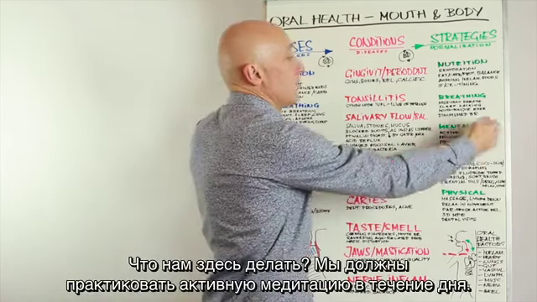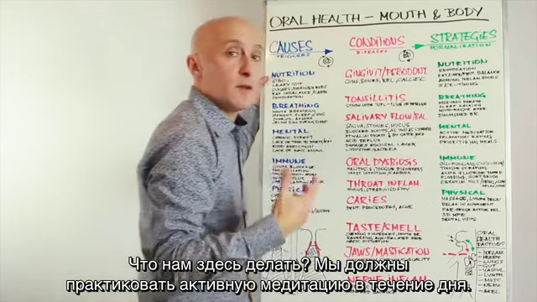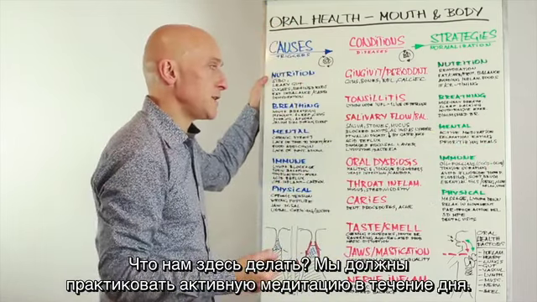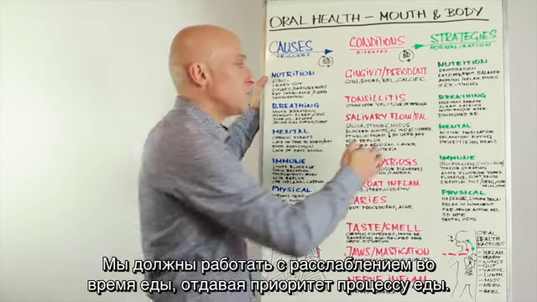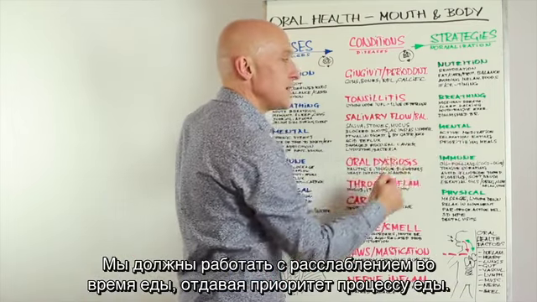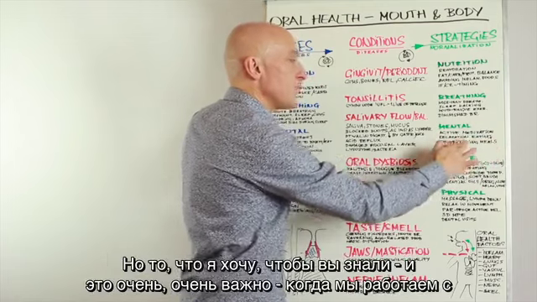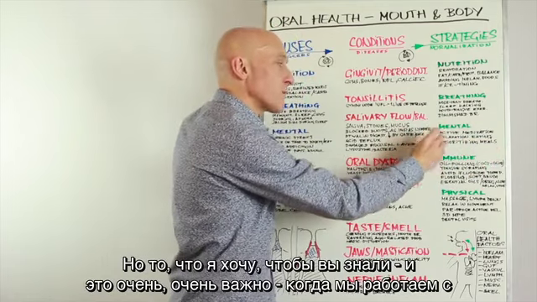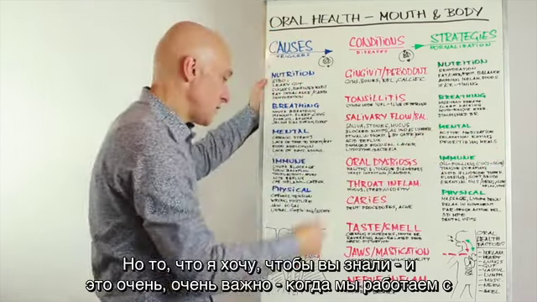What we do here, we have to practically do active meditation during the day. We have to work with relaxation while eating, prioritizing meals. But what I want you to know, that's a very, very crucial thing.